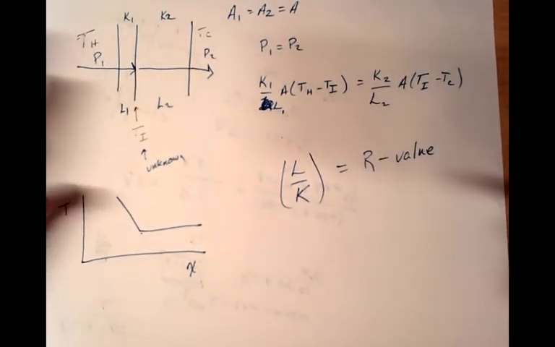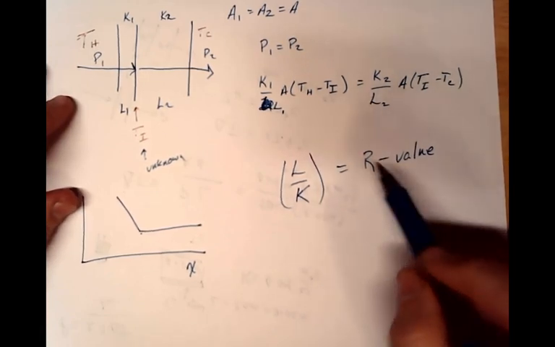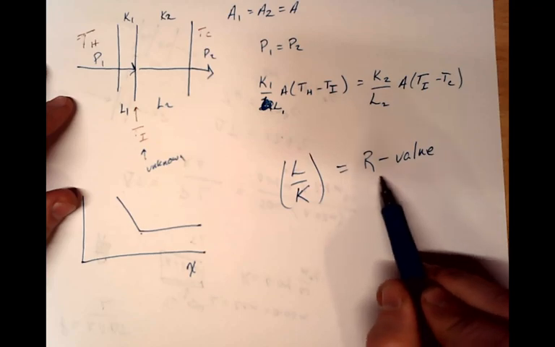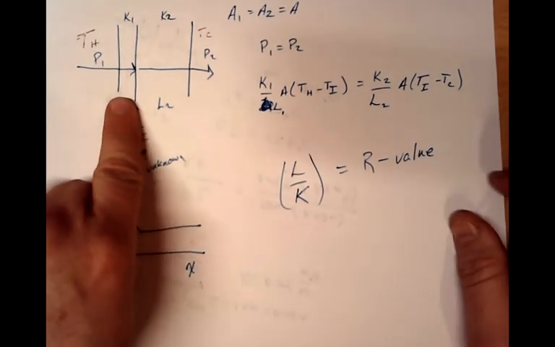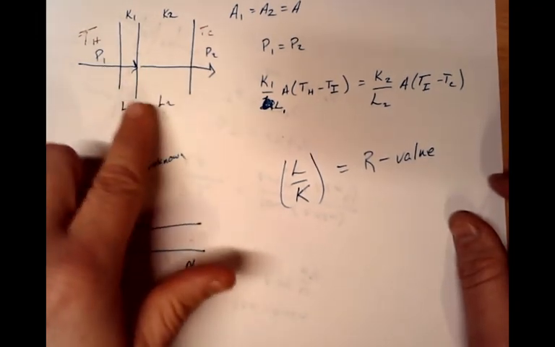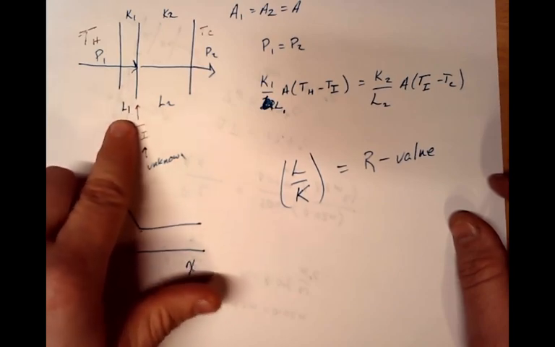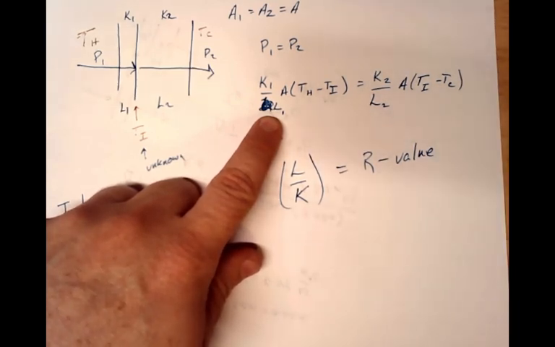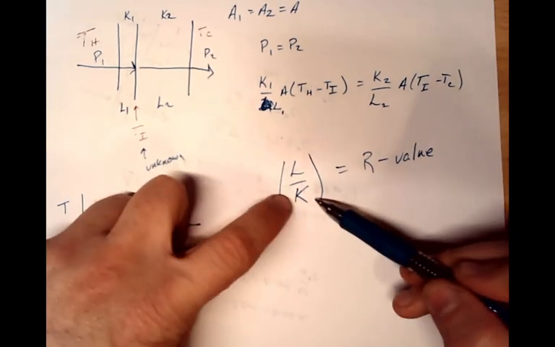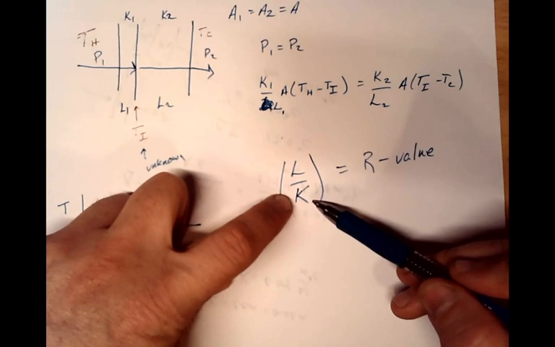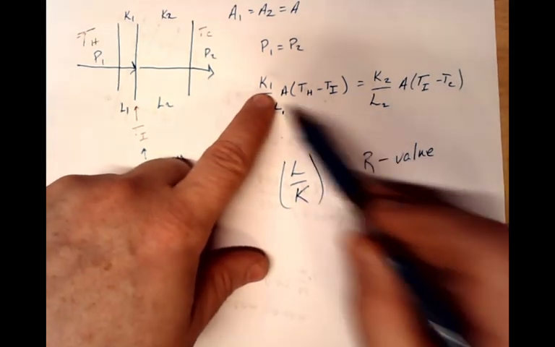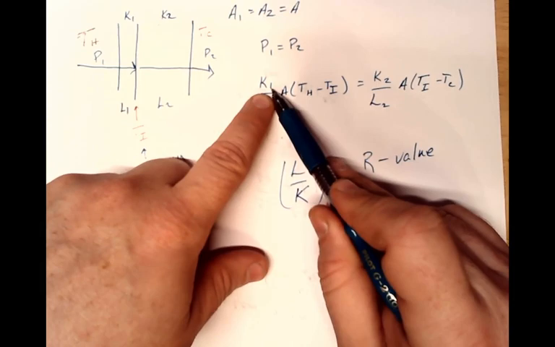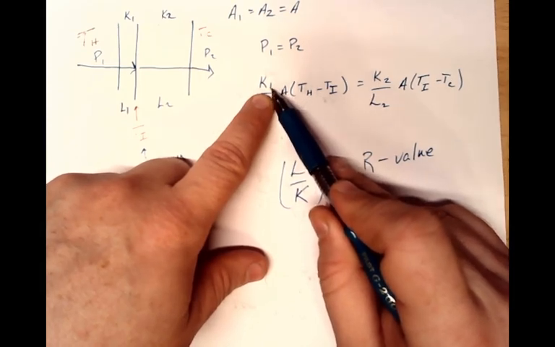But this is really nice because when you think about what's going on in a problem, if I increase the thickness of my material, if I make L larger, L's in the bottom of these formulas, so the power is lower. The rate at which the heat leaks out is lower. If I make the conductivity higher, well, that's in the numerator, and that's going to make the power leak out faster.